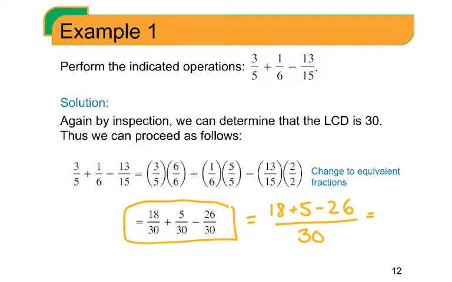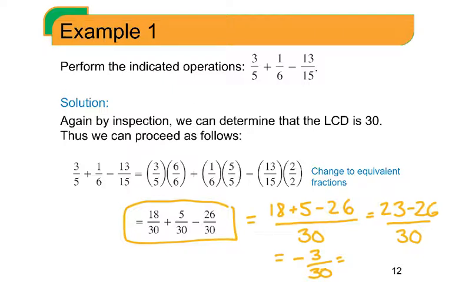Well, 18 plus 5 is 23 minus 26 over 30, which is what? Negative 3 over 30.